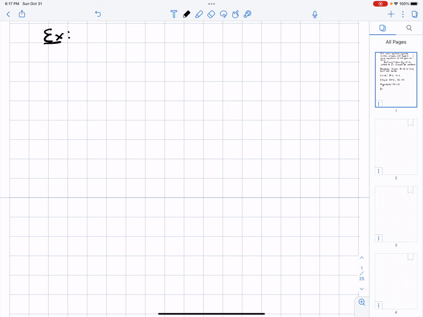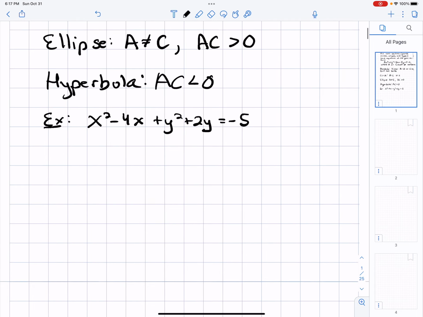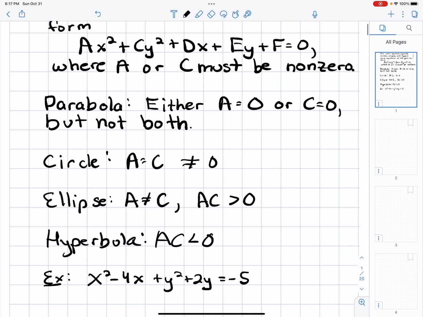Okay, let's say we're given the equation x squared minus 4x plus y squared plus 2y equals negative 5. This looks a lot like that general form I just wrote earlier. In this case, a is 1, d is negative 4, c is 1, e is 2, and f would be 5.